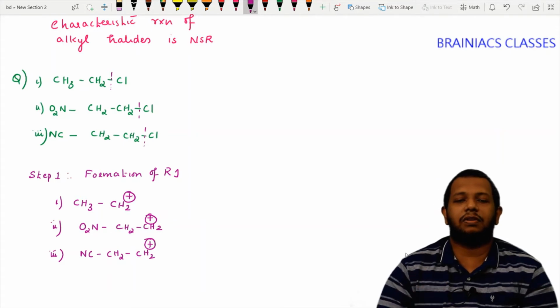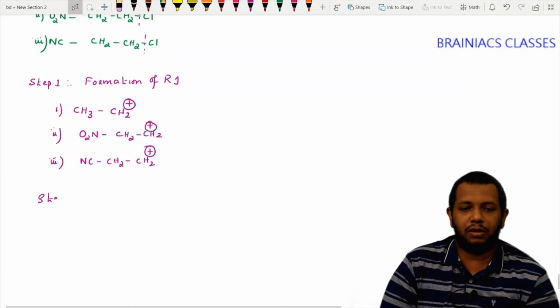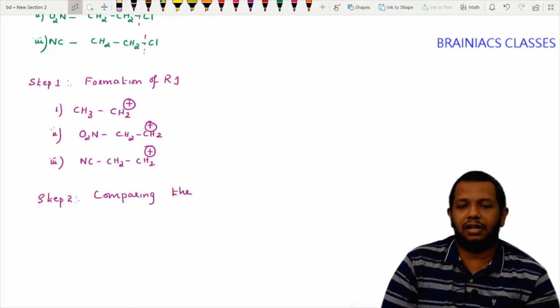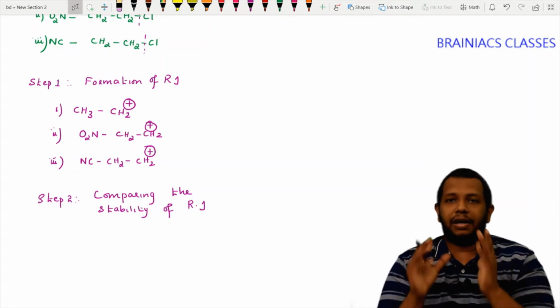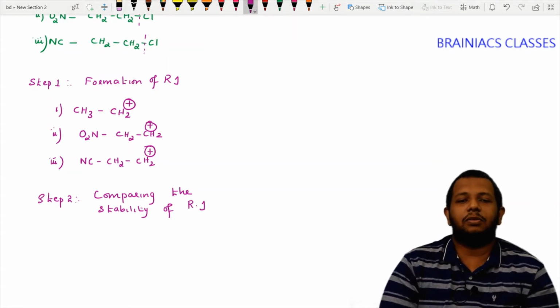The next step is what? What is step 2? Can you tell me? Step 2 will be comparison. Comparing what? Comparing the stability of the reaction intermediate. So on comparing, tell me, for the first one here, what group is connected?